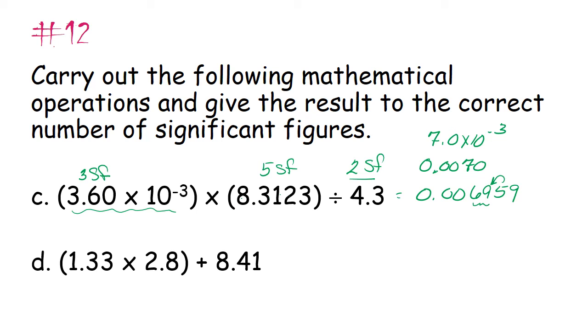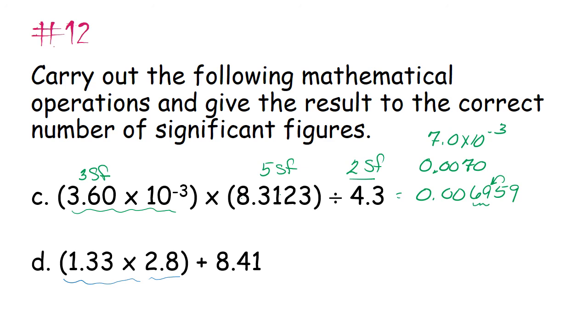A good way to do a problem with a mixed bag, if you will. This problem has a combination of both types of rules. In the first part, in parentheses, we have multiplication, so we have to follow the rules of multiplication, which means follow your sig fig rules.